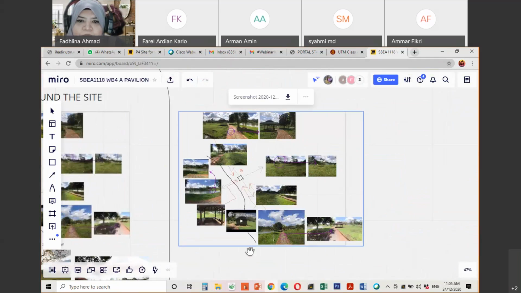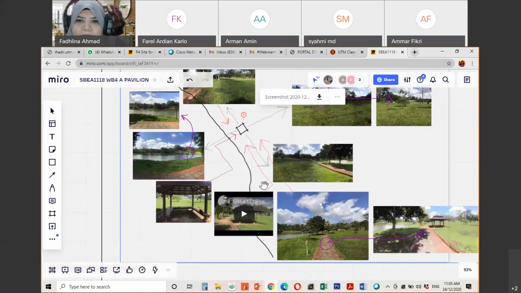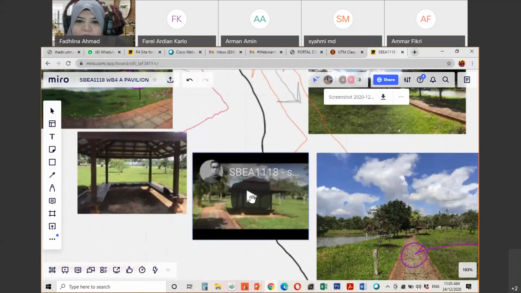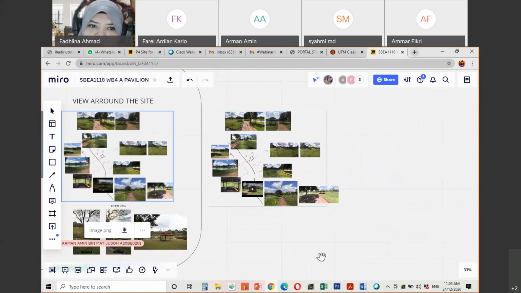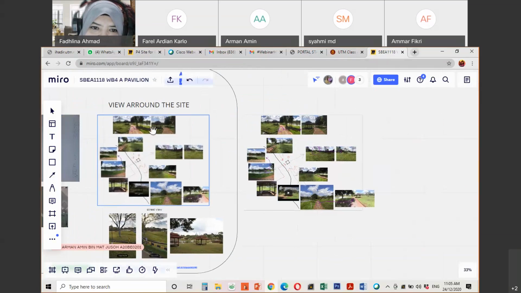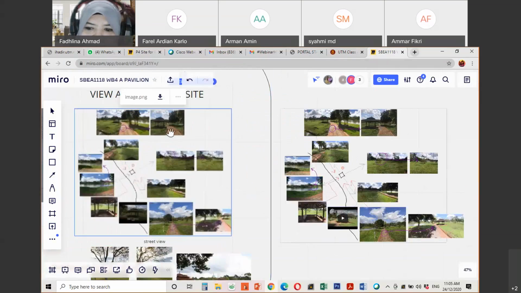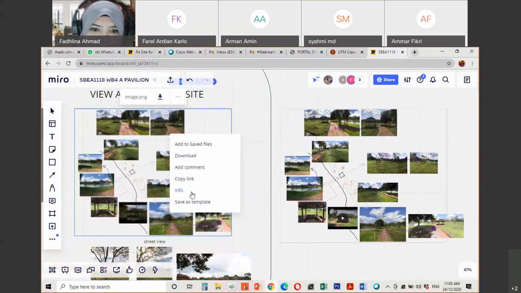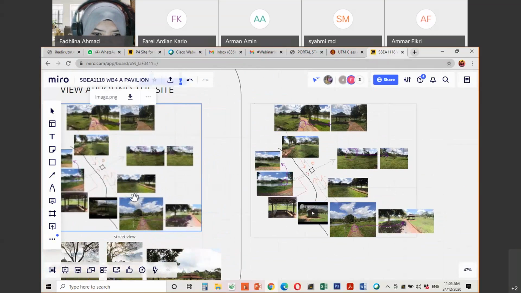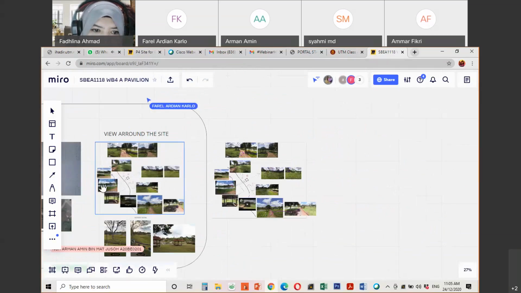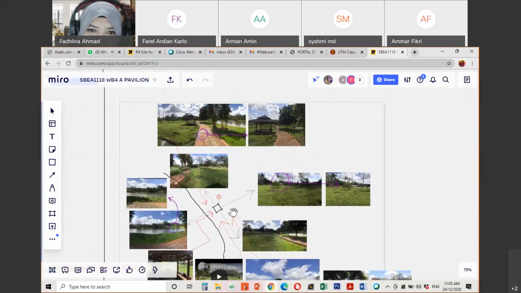This one is only pasted, and then you need to add this one. This one cannot be clicked for video. Okay, so remove Amal's. How do I delete this one? It's okay, later Amma will change this one.